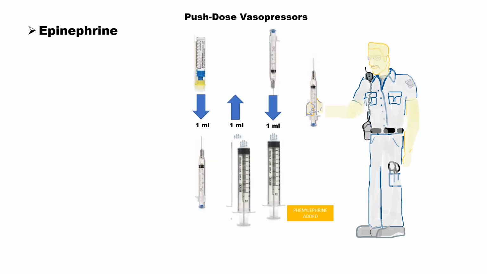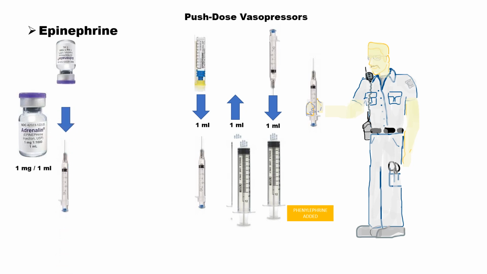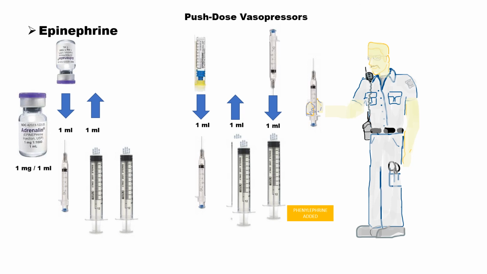If you do not have epinephrine 1 milligram per 10 ml premix, you can make it using epinephrine 1 milligram per 1 ml. You're going to take a 3 cc syringe with a needle, pop the cap, take out the 1 milliliter, 1 milligram of epinephrine. You're going to take your syringe, get rid of 1 milliliter, then you have 9 milliliters of saline in your syringe.